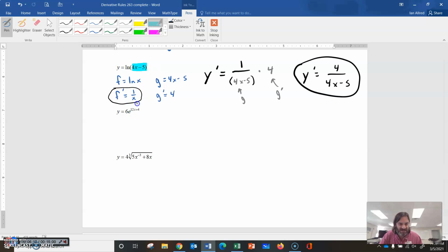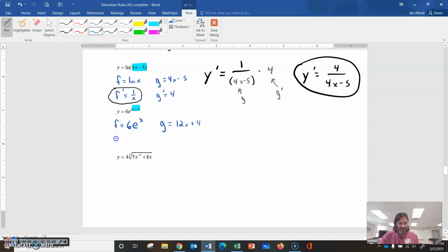While there's no parentheses, we can understand that the 12x plus 4 is stuck together, like there's a parentheses around it. If we broke this apart, our f could be 6e to the x, and g will be 12x plus 4.